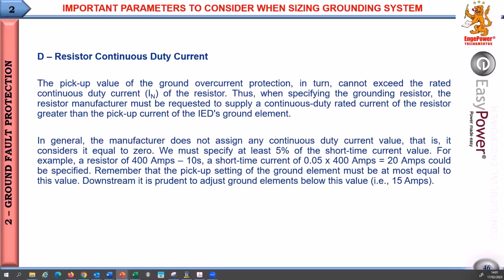If a resistor is damaged, it burns and the resistor opens the circuit. And if the circuit is open, you become ungrounded and you have all the disadvantages you have for the ungrounded system.